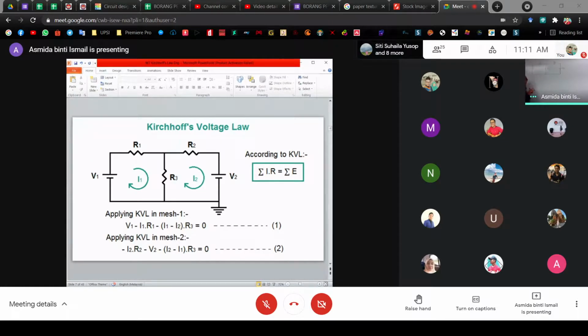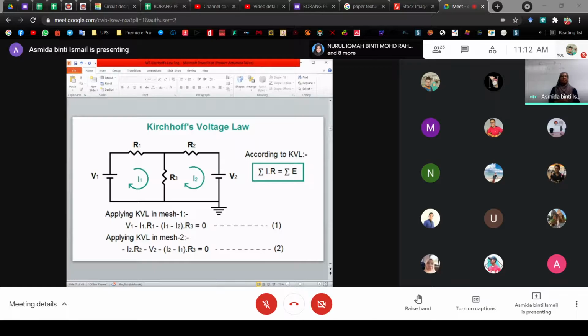This is loop one, so we label it as I1. And the other one is another loop, we label it as I2. It means that current flow here is I1 and the current flow here is I2.